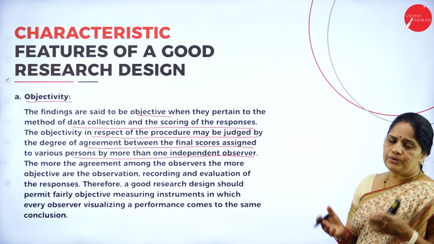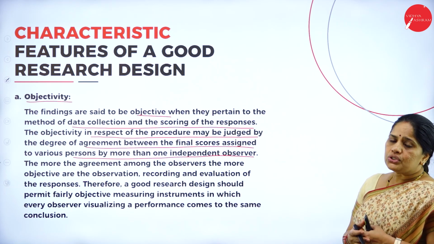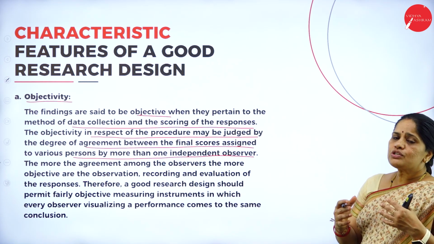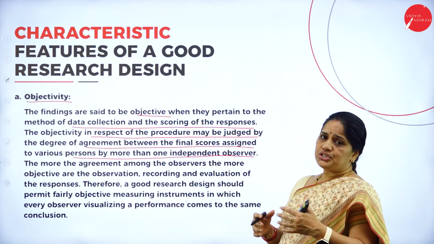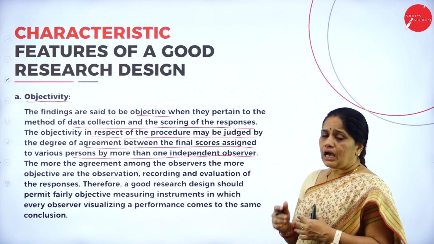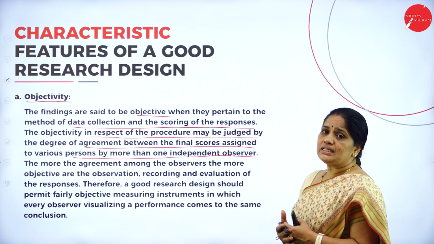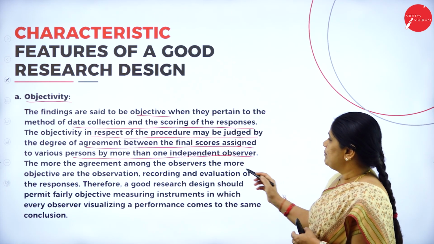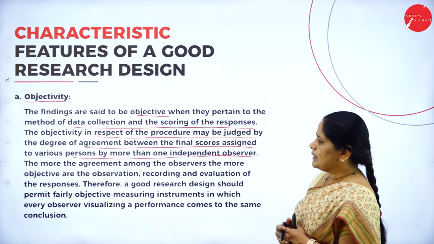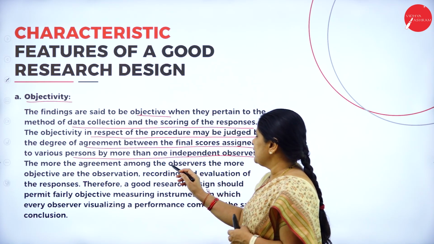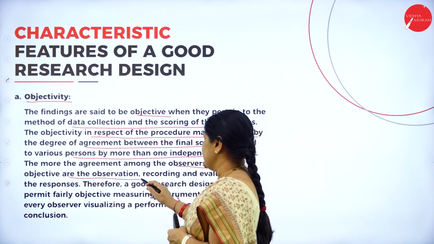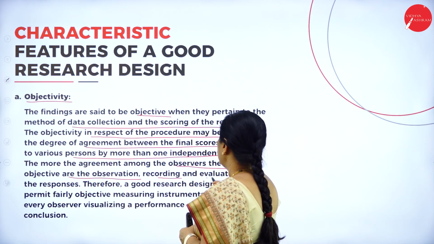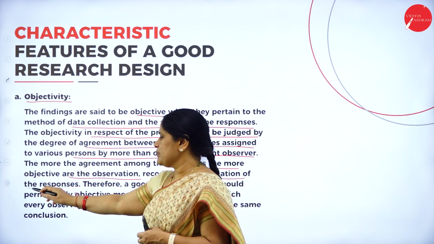Whatever information has been collected has to be in numerical terms, and how each piece of information is being scored, or what number is given to each, depends on the independent observer. The more agreement among the observers, the more objective are the observation, recording and evaluation of the responses.